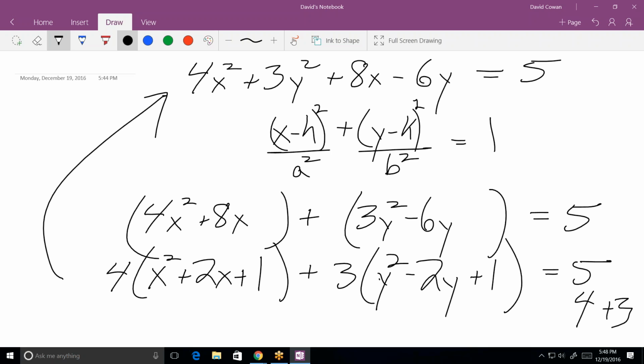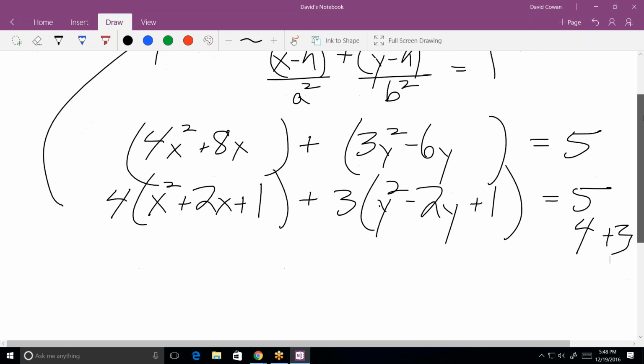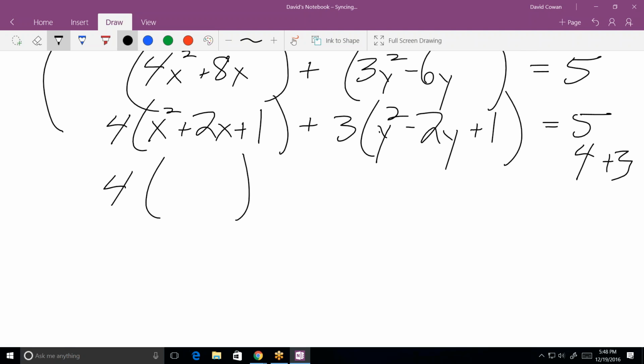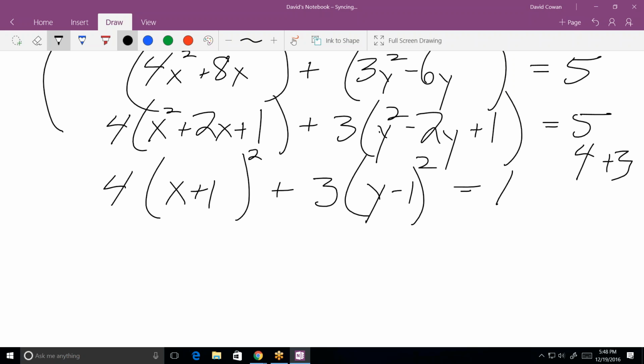And now we're getting closer to being in standard format. In other words, now it's 4 times what? x plus 1 quantity squared. Plus 3 times what? y minus 1 quantity squared. Equals 12. What's the next step?